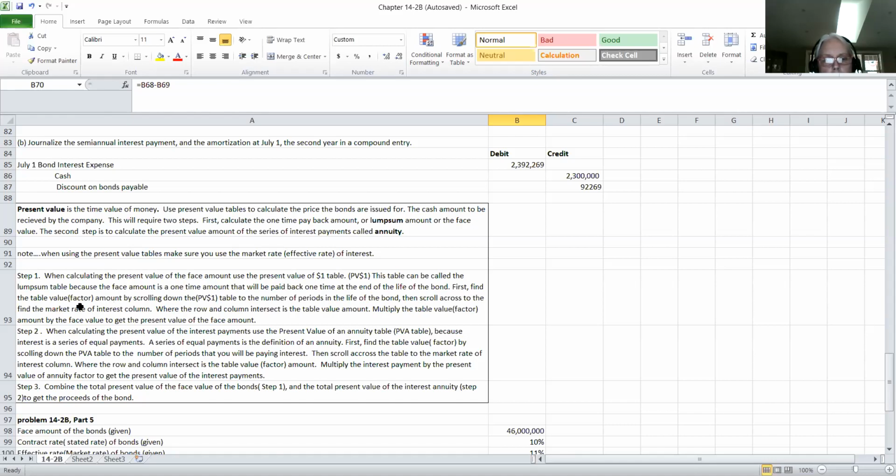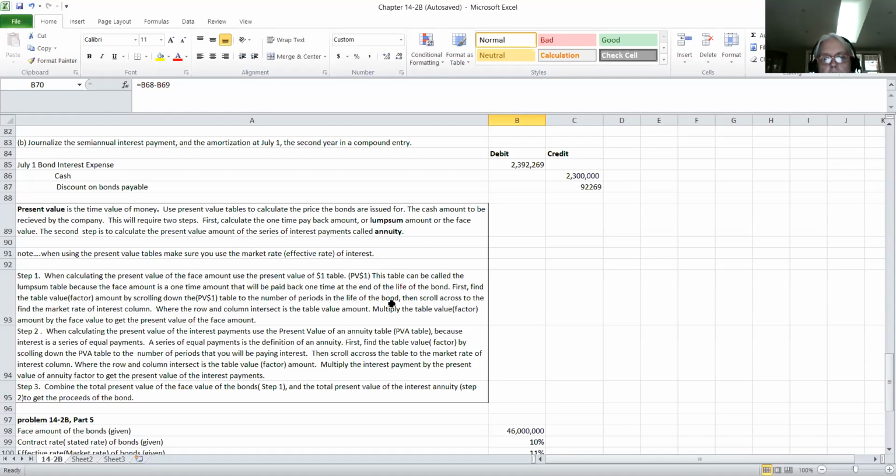to determine what is called a table value factor. And to use that table, we're going to find the table value factor amount by scrolling down the present value of a dollar table, the lump sum table, to the number of periods in the life of the bond.